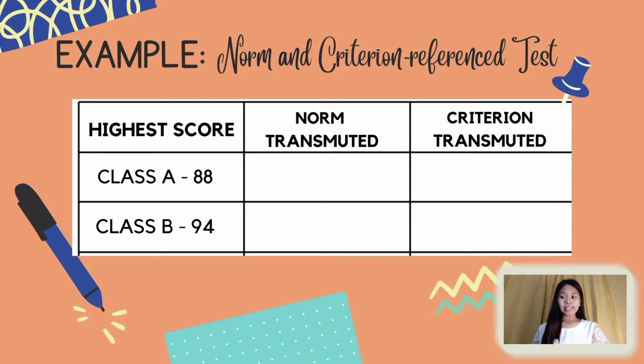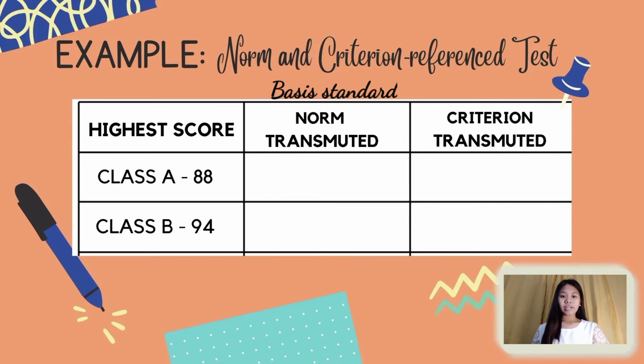Let's say that in Class A, it is the score in English subject, and in Class B, it is the highest score in math or in any other subject. In Class A, the highest score is again 88, and the norm transmuted will be the basis standard, since 88 is the highest score, but it always depends on the score of the students in the classroom.